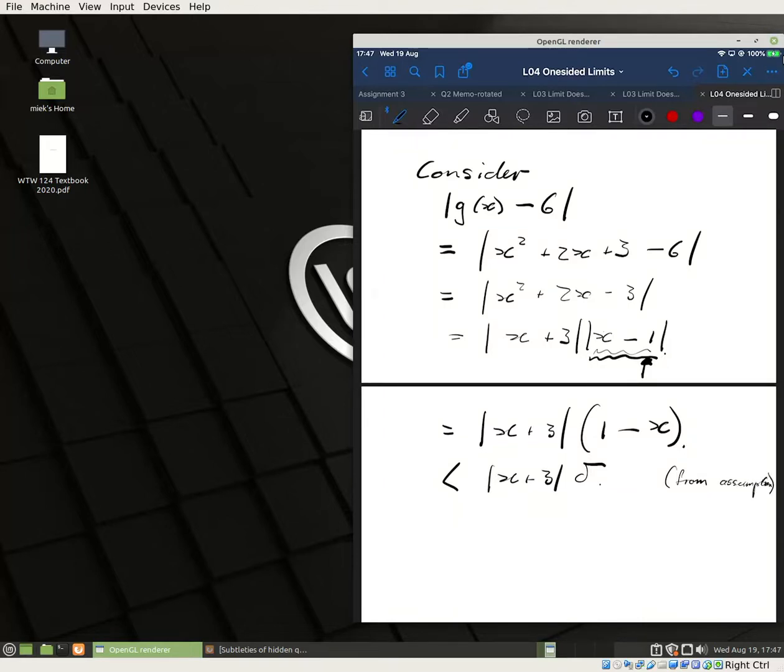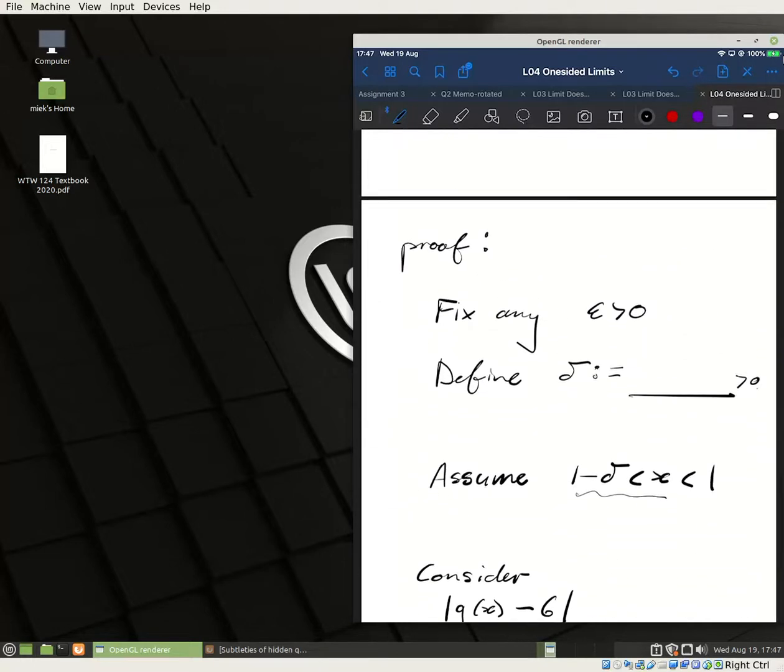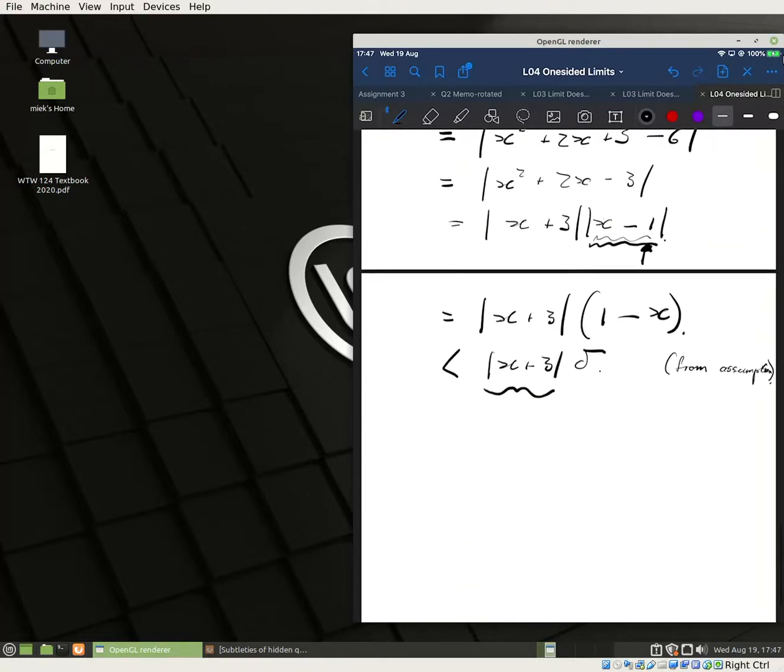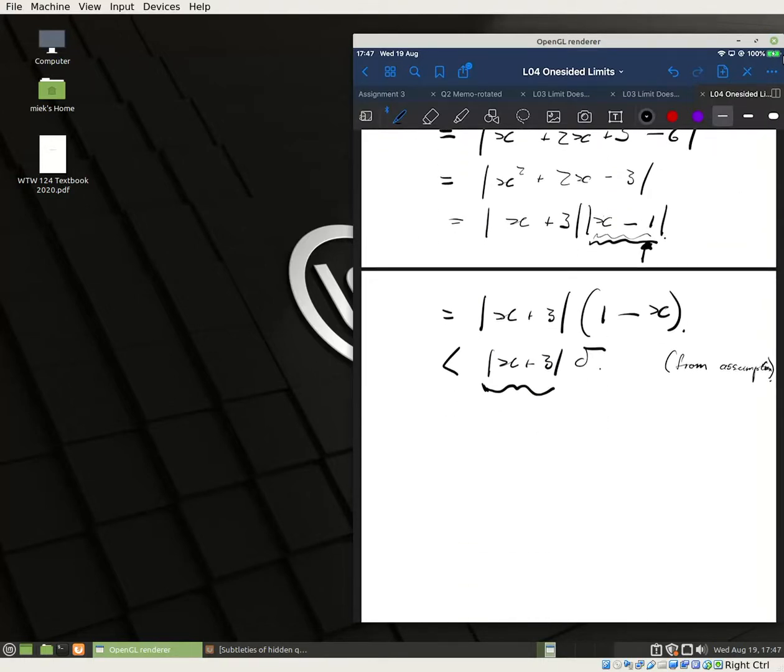Now we're in the situation as before. We have control over this delta. We are free to choose what it is, if we can only bound this expression, absolute value of x plus 3, by a constant.